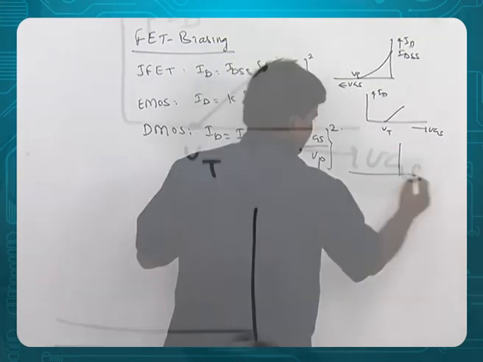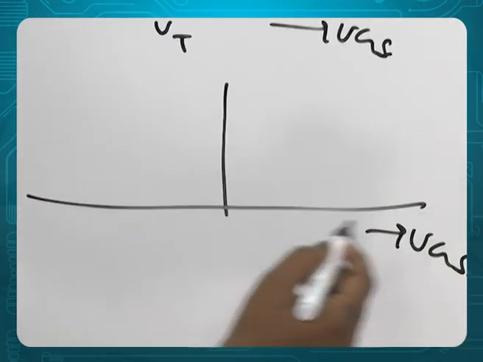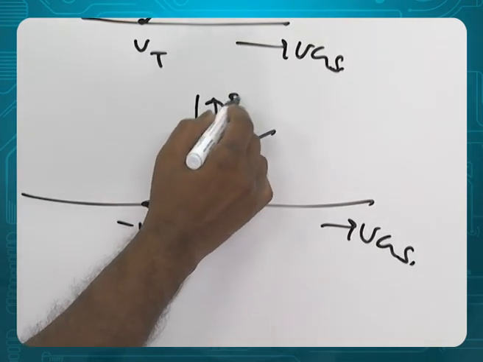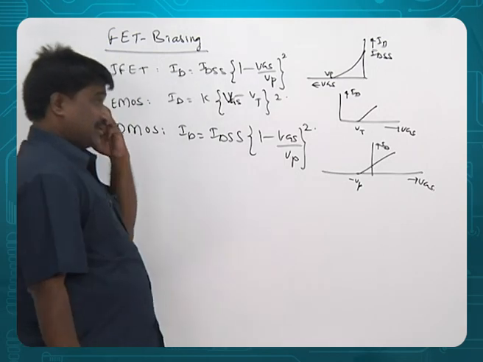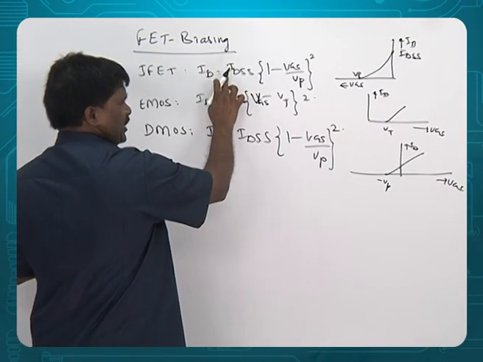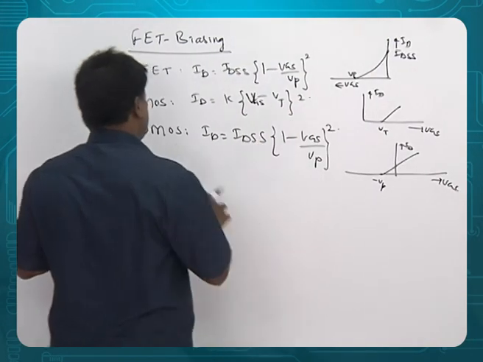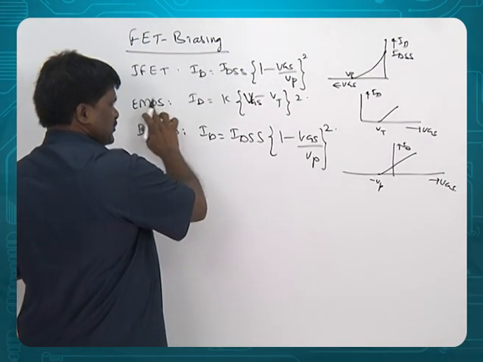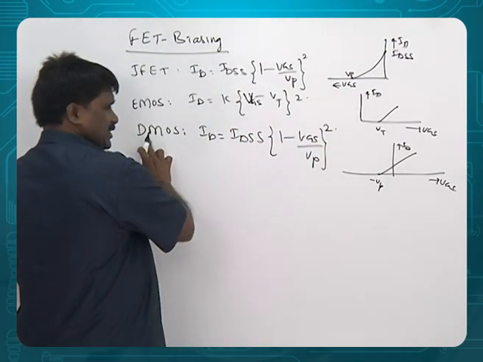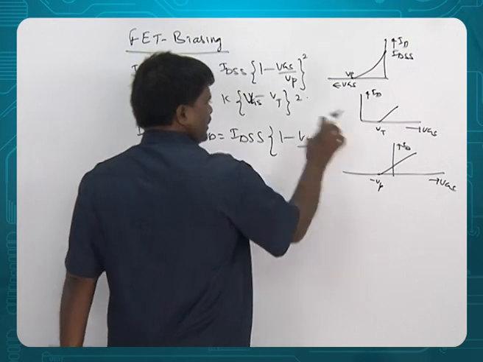For the third one, VGS, VP. These are the three different characteristics: JFET, VI equation, characteristics; enhancement MOSFET, VI equation, characteristics; depletion MOSFET, VI equation, characteristics.